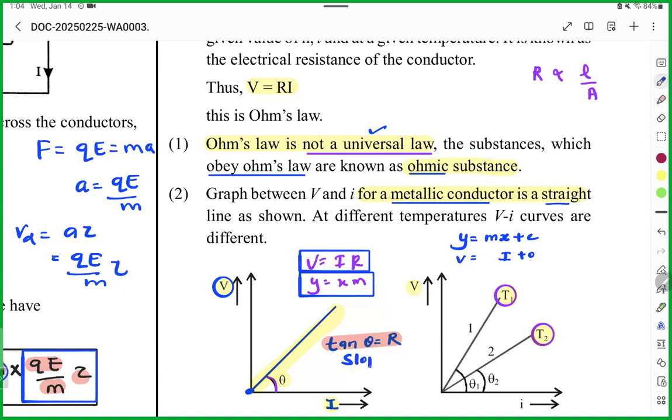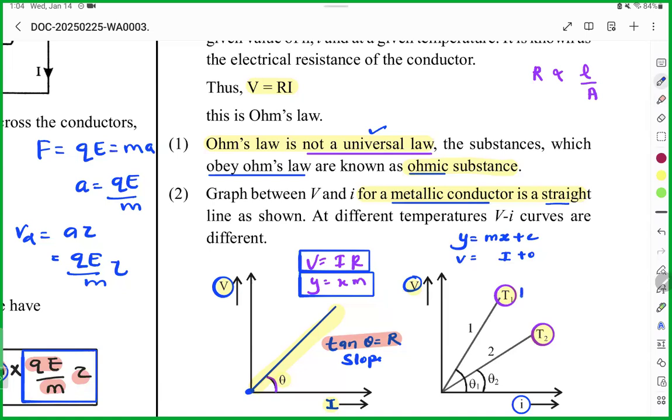So if next time they ask, you have this I and this V and there are two different angles. Pratigya, where will you have more resistance? T1 or T2? T1.